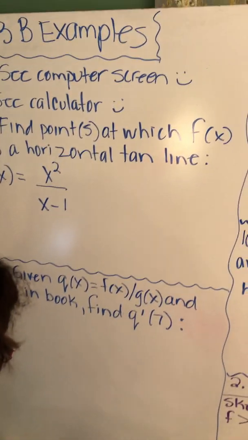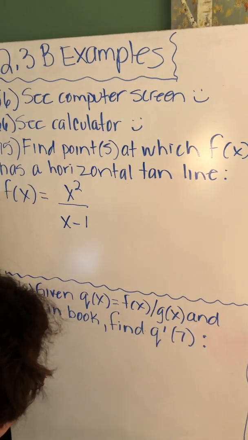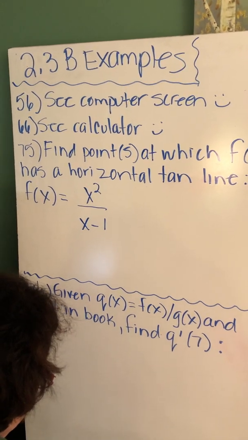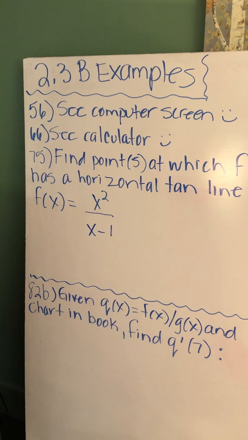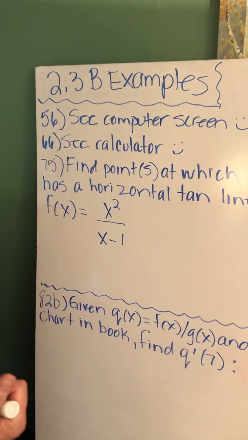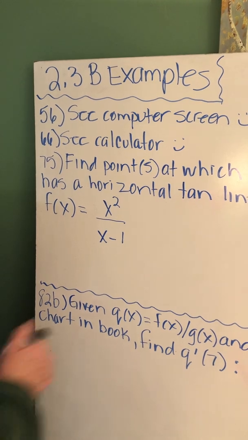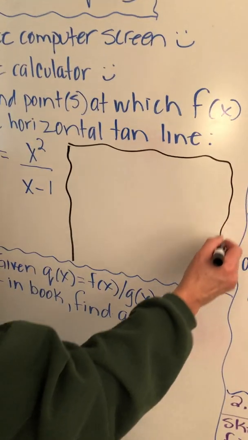Let's see what they're asking for. On number 66, it says find the equation of the tangent line to the graph of f at the given point. I just realized I should have written that too, because part of it is calculator. That's okay, right here in black, and then I'm going to erase it.